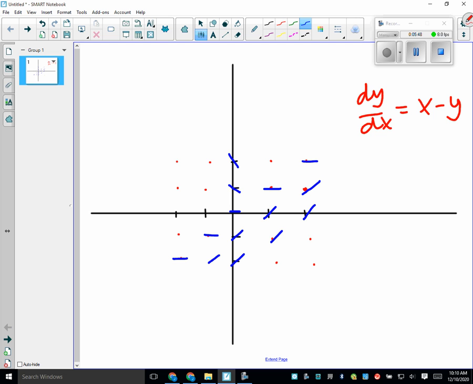Okay, here we are at this point, which is what? What's the slope? 3. That's going to be steeper. What's this point? 4. So it's steeper. What's this point? No, the slope is 3, isn't it? Yeah.